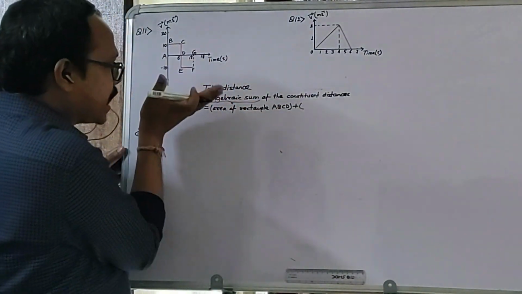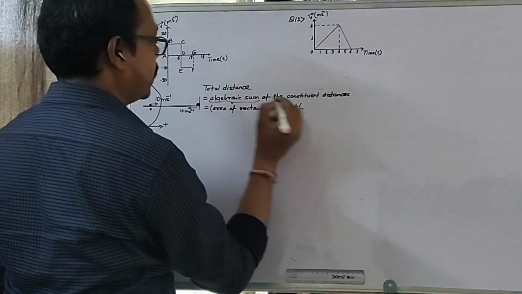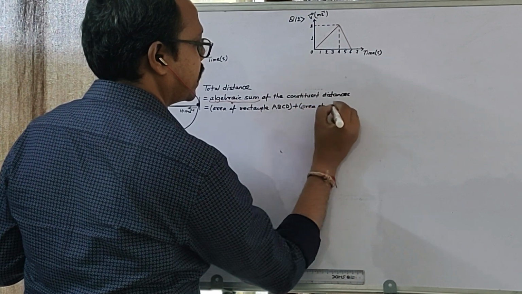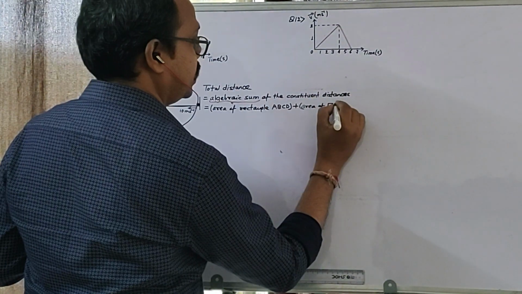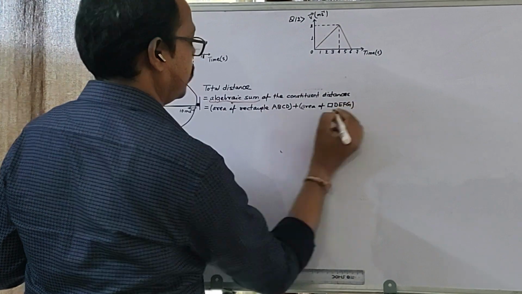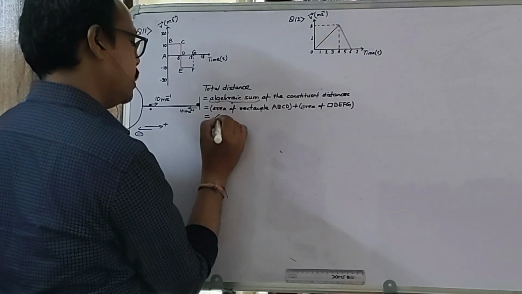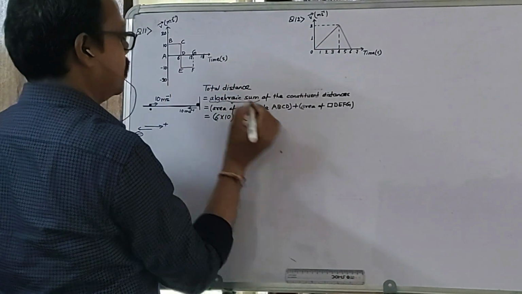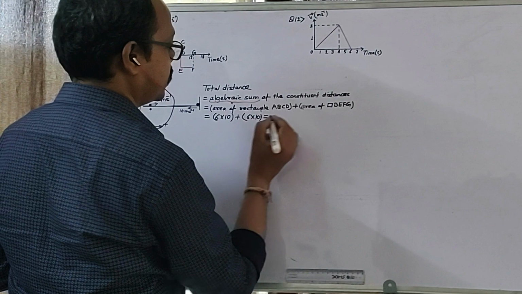Whether it is lying below the time axis or above the time axis, it doesn't matter because we are calculating the algebraic sum. We know how to calculate the area of the rectangle: base into height. 6 into 10 plus 6 into 10. It comes to 60 plus 60, 120 meter.